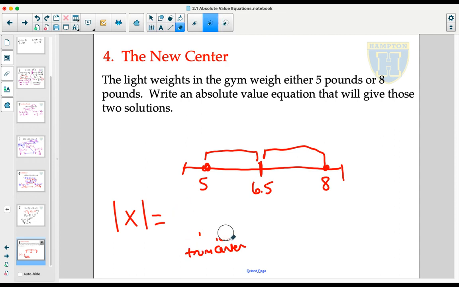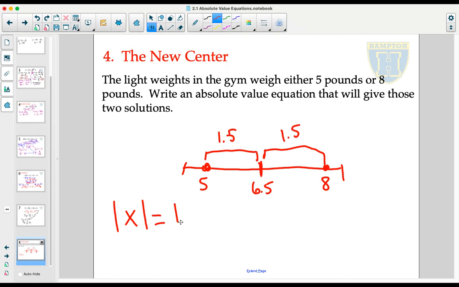But that doesn't mean that we can't still use that logic. So I know, because this distance is 1.5 and this distance is 1.5, that 1.5 is going to sit over here.